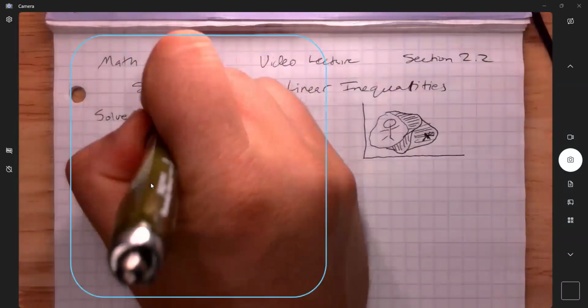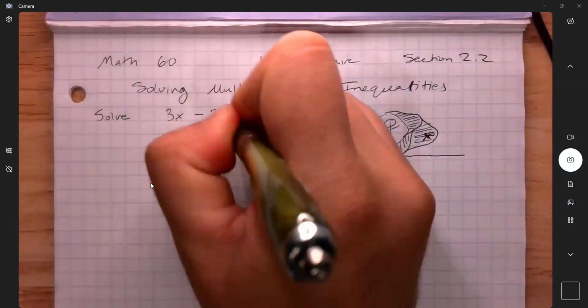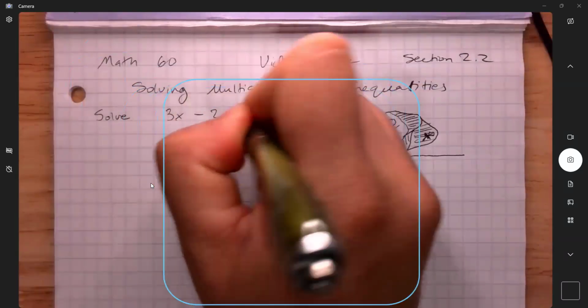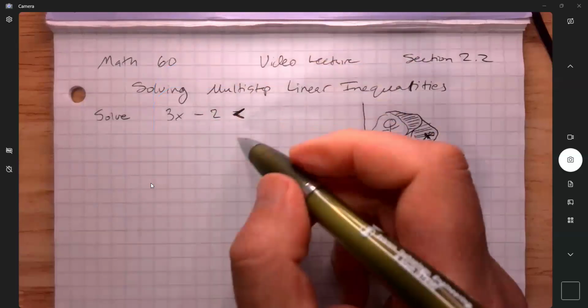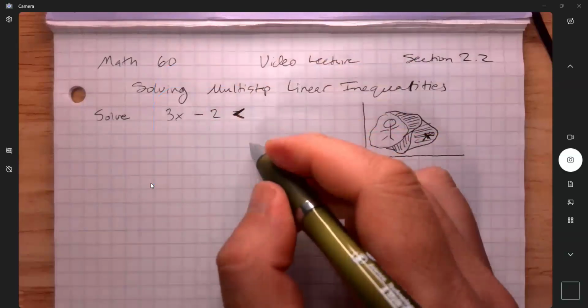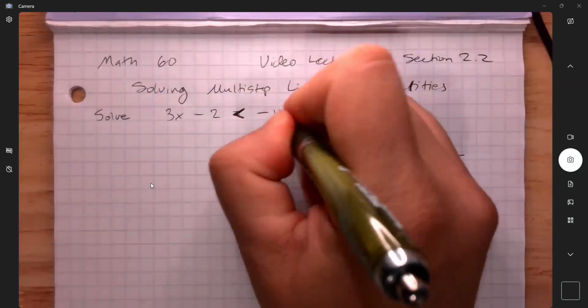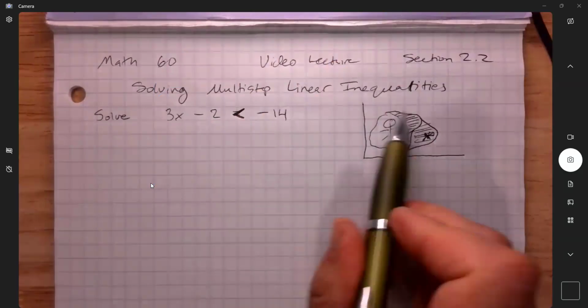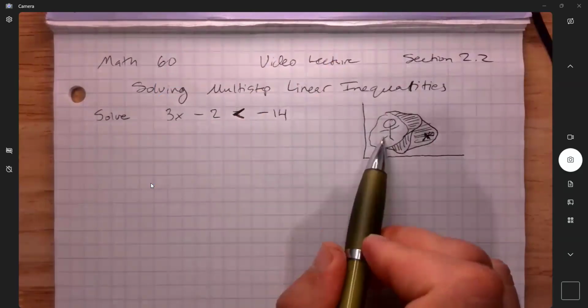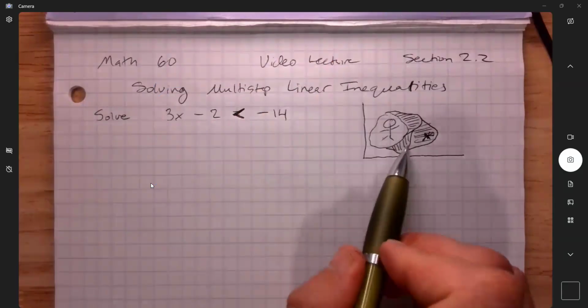Let's solve 3x minus 2 is less than negative 14. Now, when I think about this picture over here, I think, okay, I've worked with inequalities and I've solved multi-step equations before.